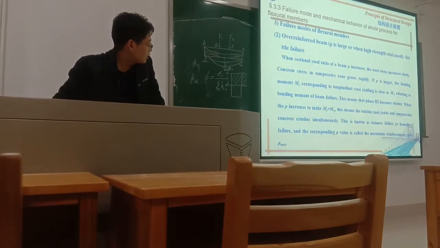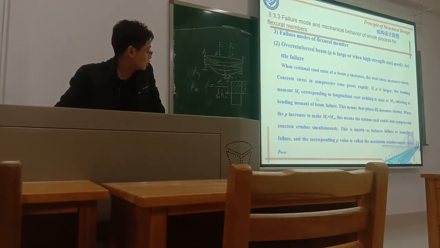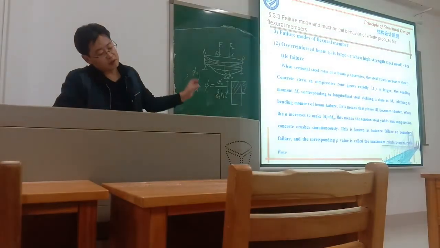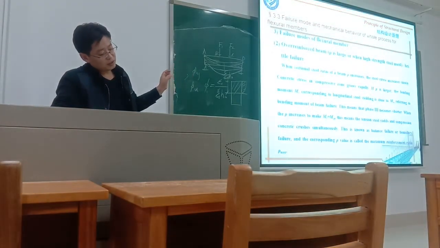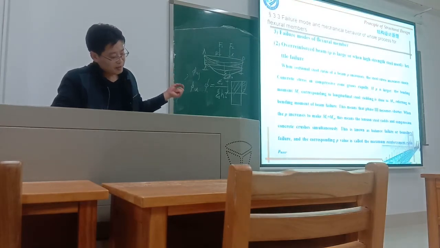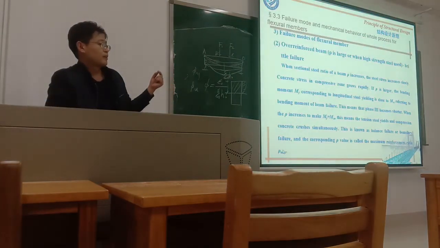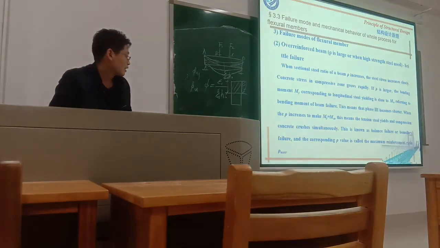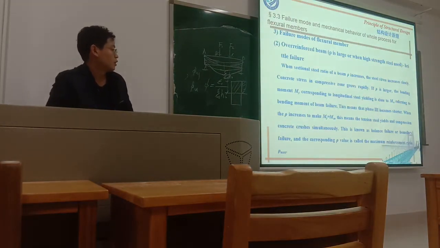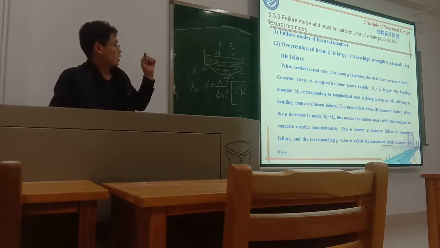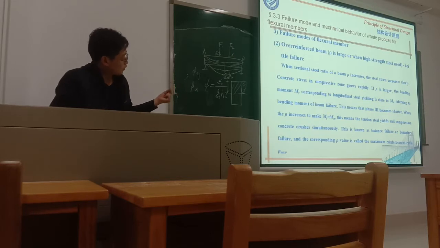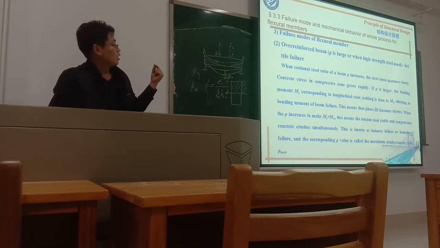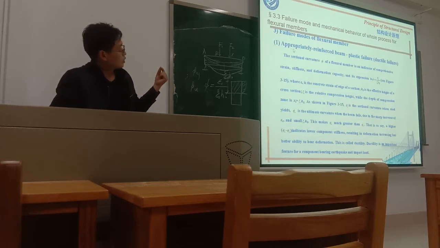So yes, here is correct. This is not talking about the over reinforcement. Actually, it's just the introduction of the maximum reinforcement ratio. But this maximum reinforcement ratio is the largest reinforcement ratio for the appropriately designed beam.